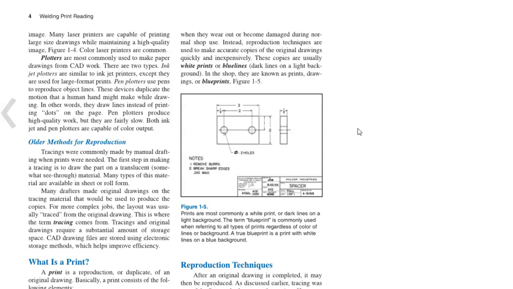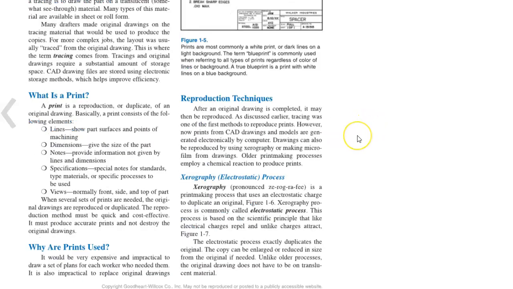These copies are usually called white prints or blueprints. In the shop, they are known as prints, drawings, or blueprints. Reproduction techniques. After the original drawing is completed, it may then be reproduced. As discussed earlier, tracing was one of the first methods to reproduce prints.